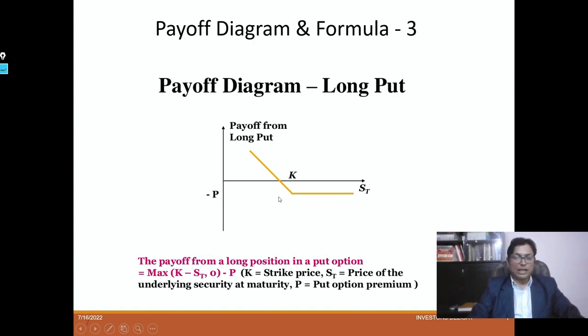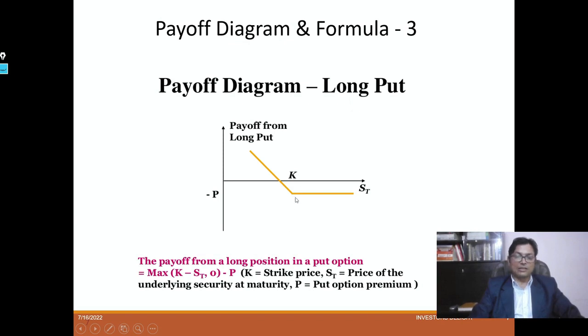As soon as it goes below K, the payout starts increasing, and the payoff from the long put keeps increasing like this. Its payoff equation is max of K minus ST comma 0, and then we deduct p. So this is the equation for this diagram.